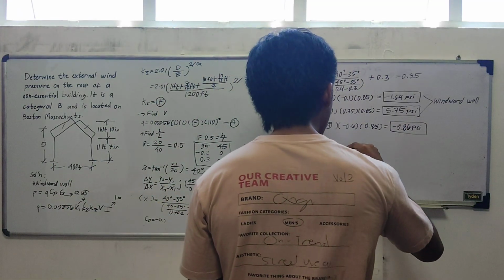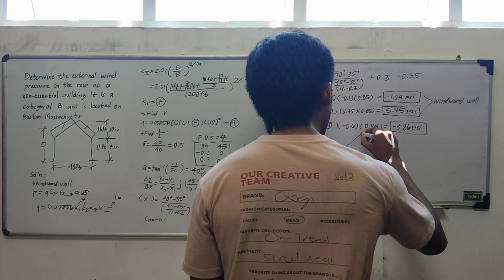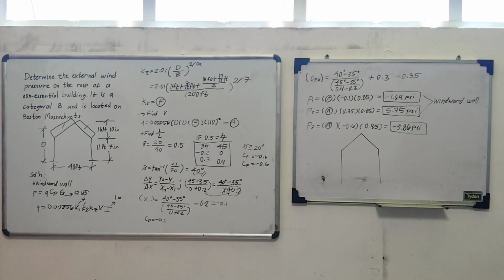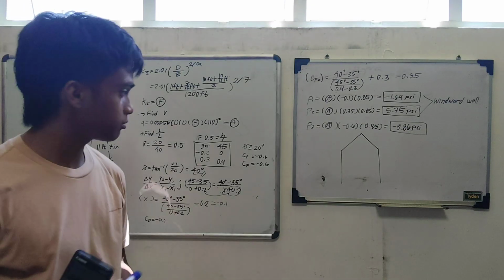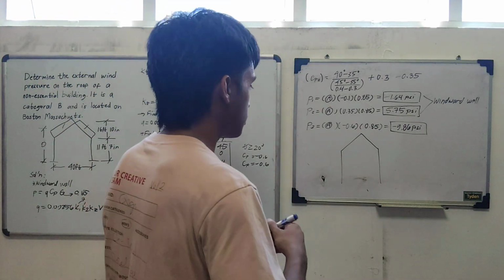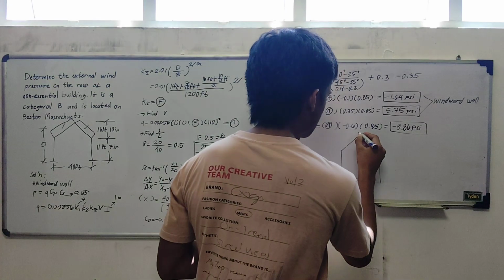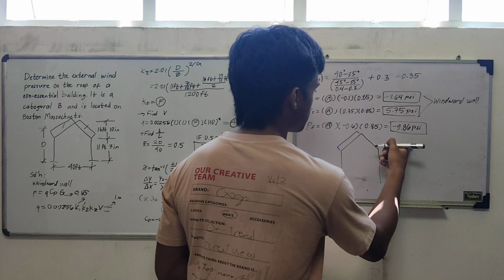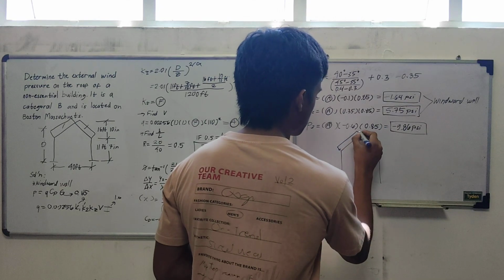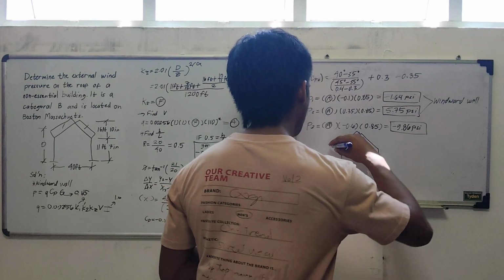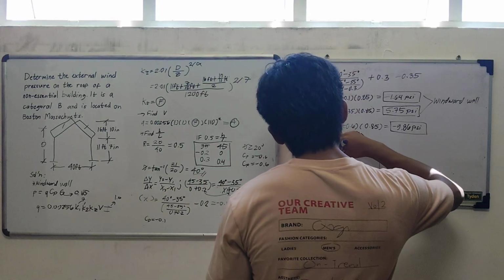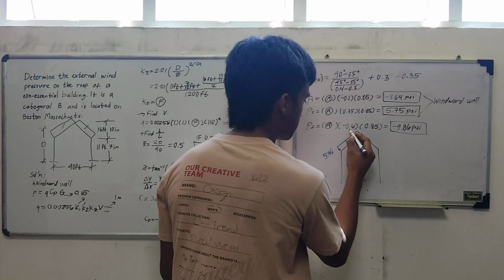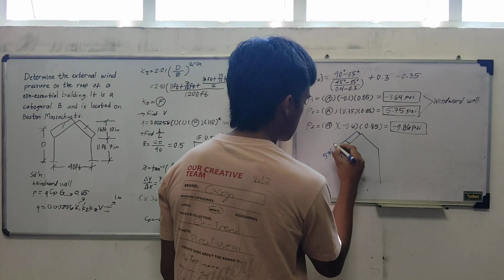Alright, so going back to the figure, it should look like this. I need a blue color. So this one first, 5 point, and then going upwards.